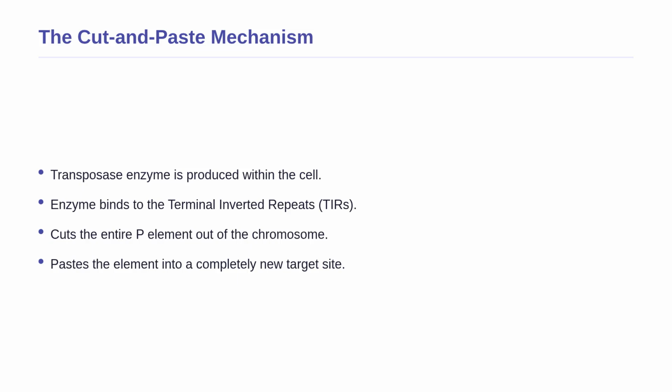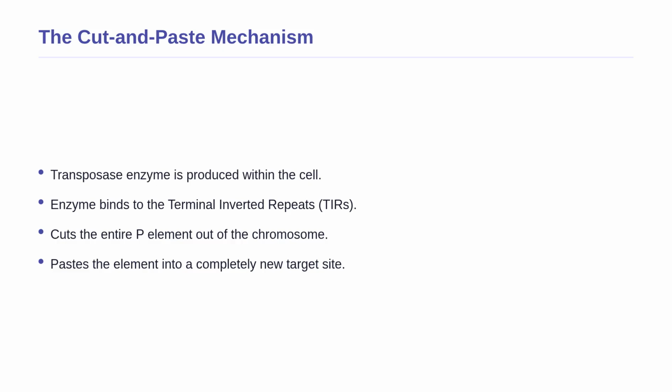Understanding the structure naturally leads us to the mechanism of movement itself. Why is this specific movement so disruptive? When the transposase enzyme is produced in the cell, it seeks out and binds to those TIR handles we just discussed. Once attached, it literally cuts the entire P element out of its current location in the chromosome.